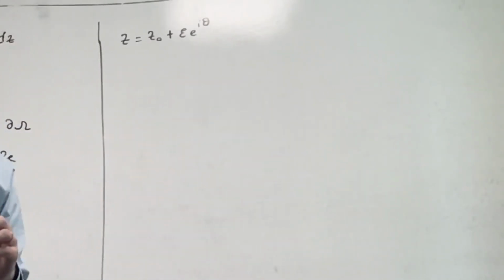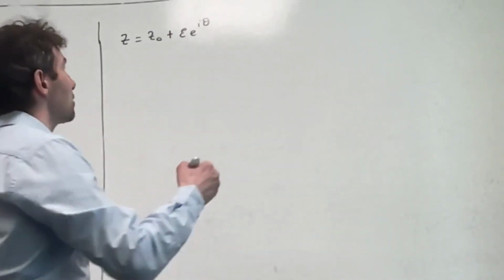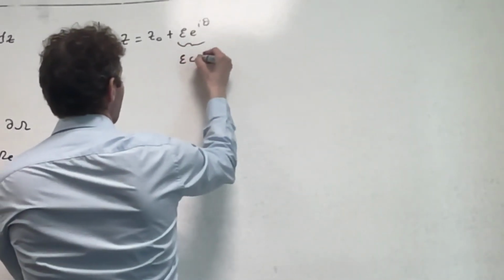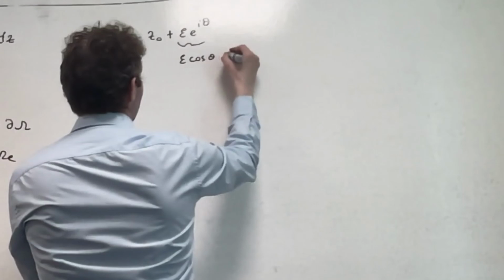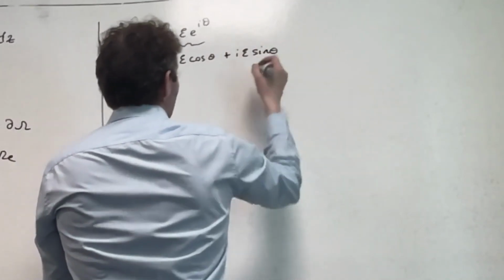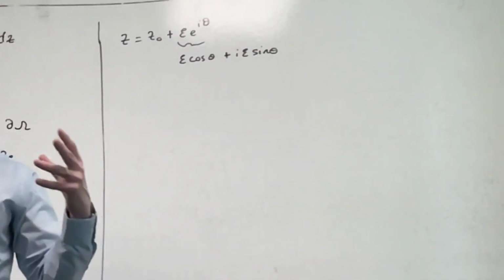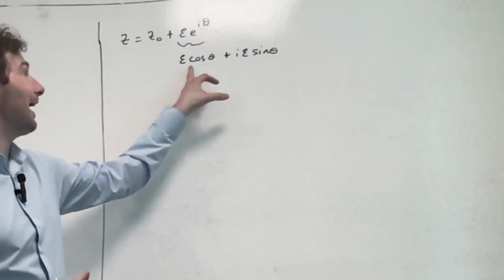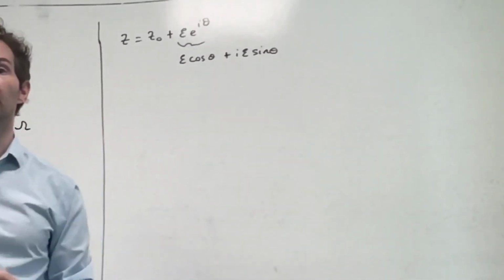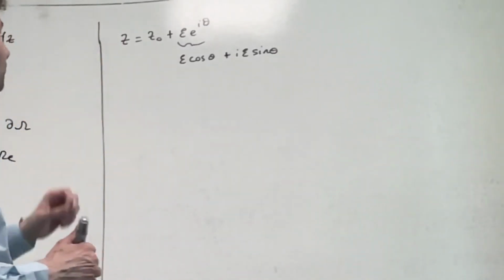You can view that by decomposing this part, in case you're not comfortable, as epsilon cosine theta plus i epsilon sine theta. And if you remember that in the complex plane we represent things like x and y, then you're going to draw a circle with the angle theta of that circle. So that's what we are going to do here.